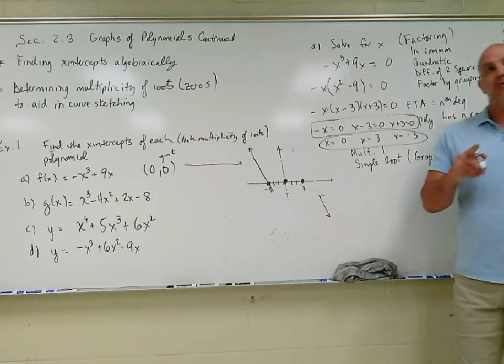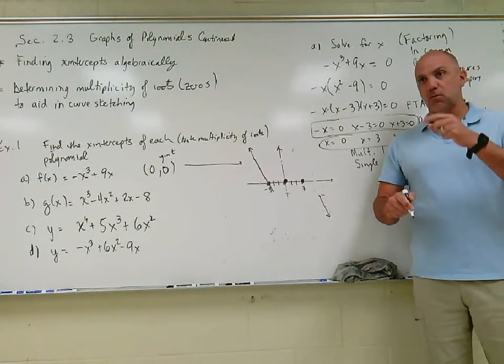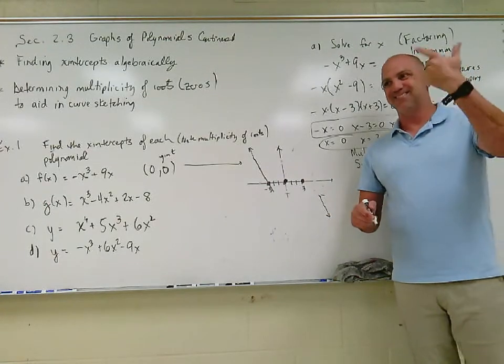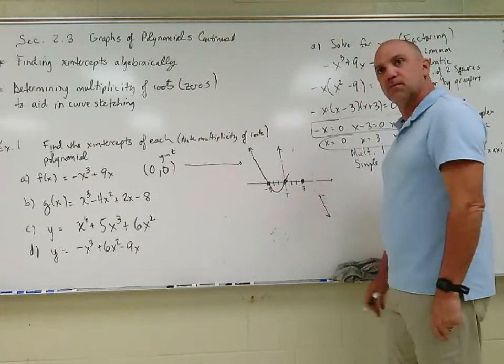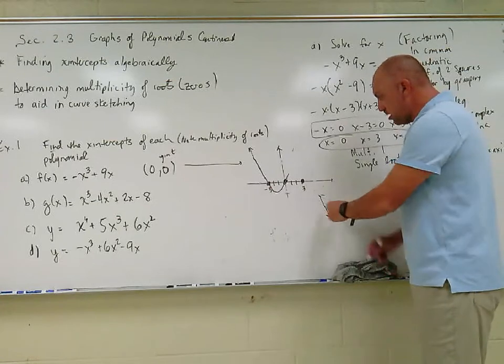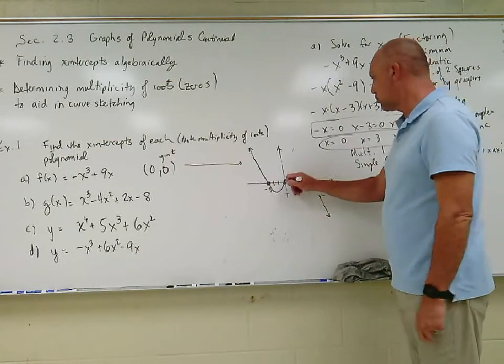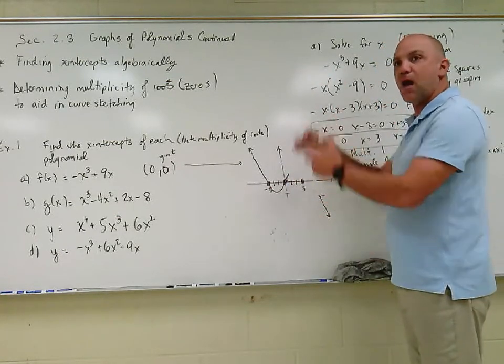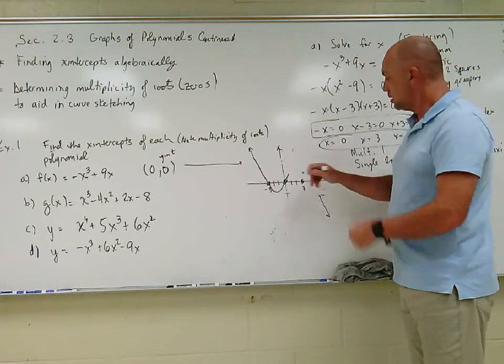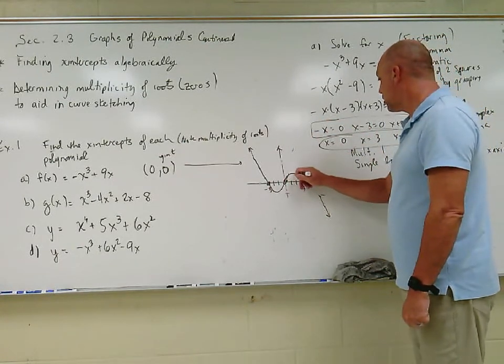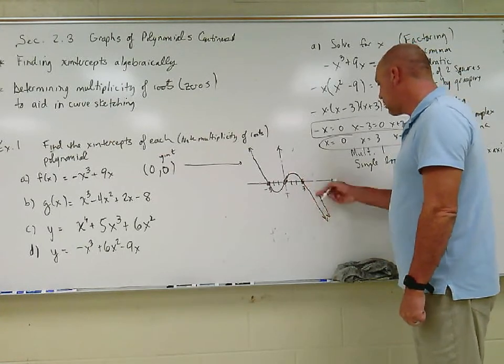But as I turn, can it be a sharp turn, or does it need to be a smooth turn? Smooth turns, so I turn, I go through there. Now I know I got to finish here, and I know I got to go through that point, so I turn again. Now where I turn, how high, we're not going to find those. That's calculus. So I turn again wherever I kind of feel, and then I finish.